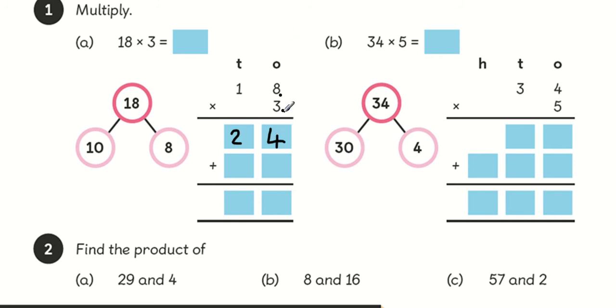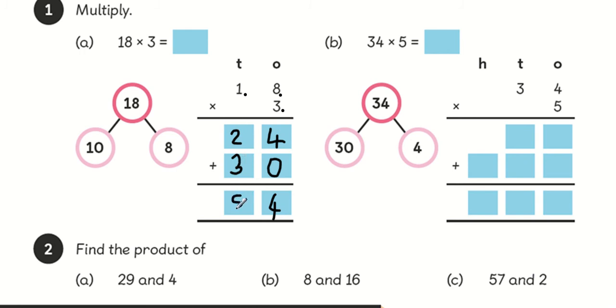Okay. Next step then is to multiply the 10. So we're doing 3 times 10. Okay. You can look over here if you need help. 3 times 10. I know that that is 30. Okay. Now all that's left is to add them up. So 4 add 0 is 4. 2 add 3 is 5.